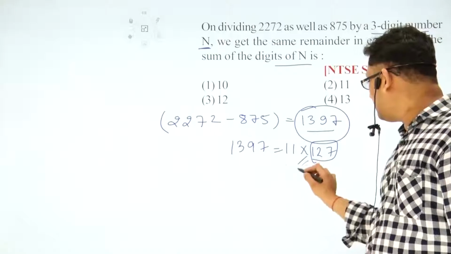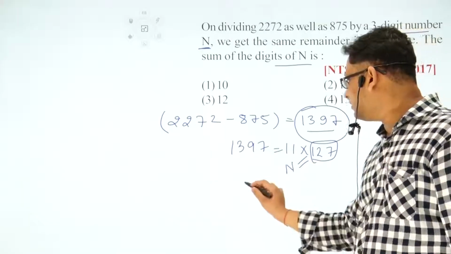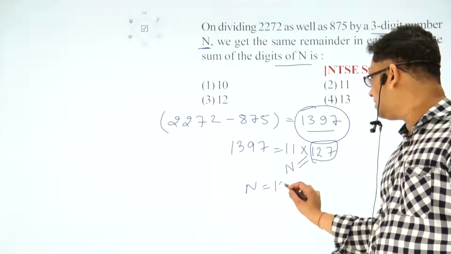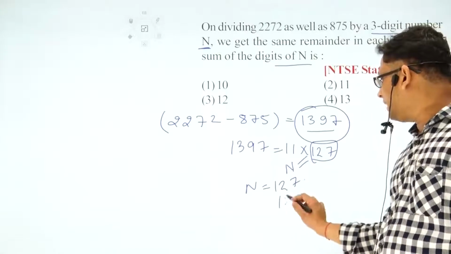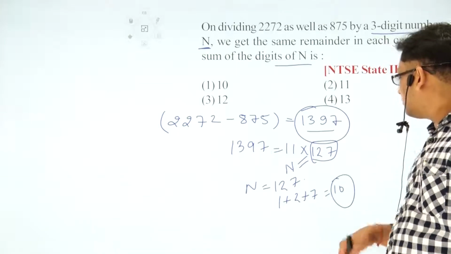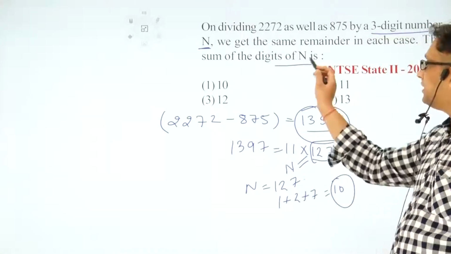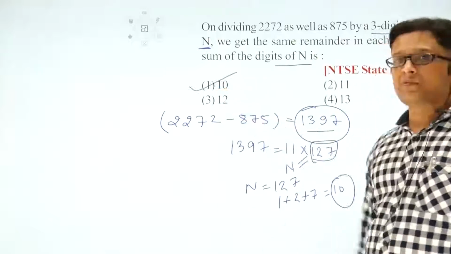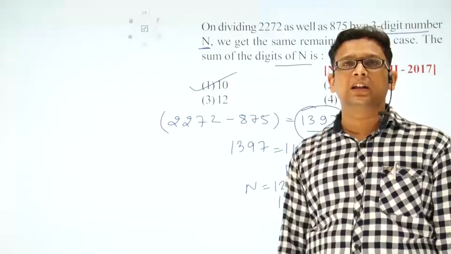So n equals 127, and its digit sum is 1 plus 2 plus 7, which equals 10. So the sum of the digits of n is 10. So the first option is the correct answer for the given question.